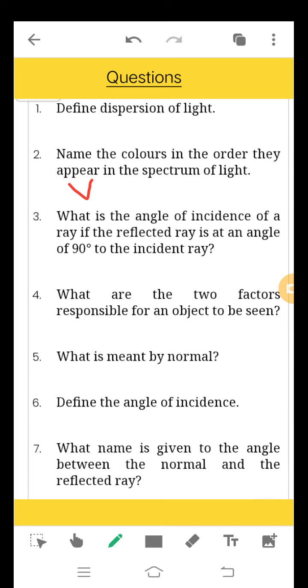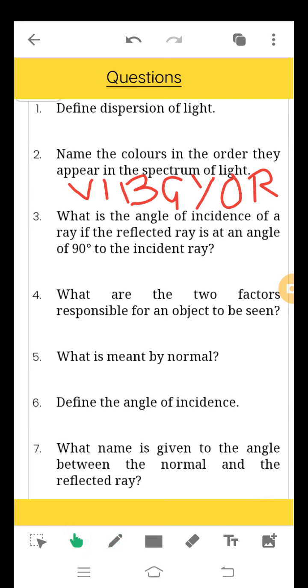V is for violet, I is for indigo, B is for blue, G is for green, Y is for yellow, O is orange, and R is red. So this is the order of the colors which appear in the spectrum of light.